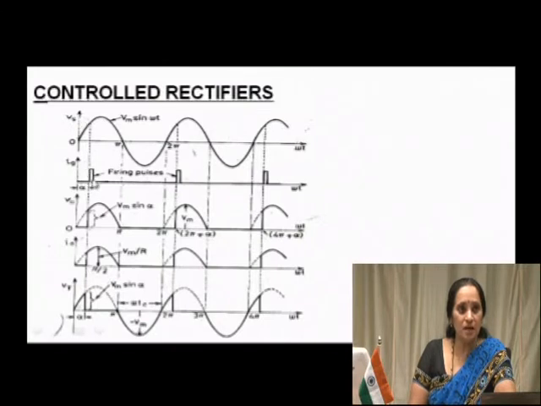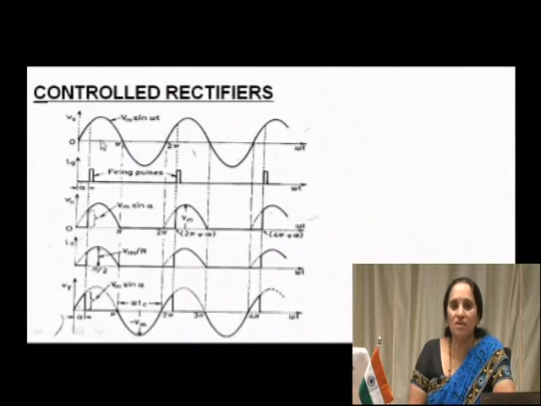Please see, at the same instant of time in the positive half only I am giving. I have not given any pulse in the negative half. Please note down students, in the negative half I am not going to give a trigger pulse. Trigger pulse will only be given when the AC input waveform passes through its positive half, because I am using only one SCR. In case I had used another SCR, I could have triggered it here.